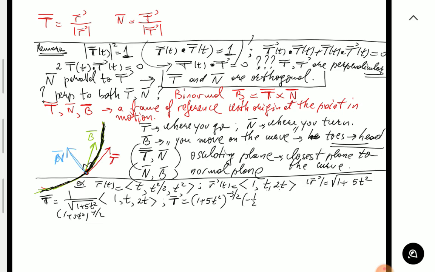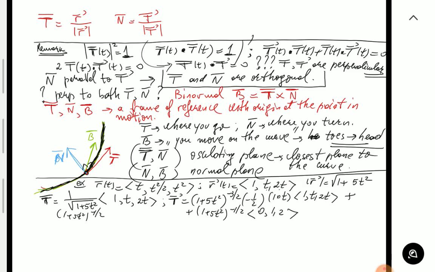So minus 1/2, 1 plus 5t squared to the minus 1/2 minus 1, which is minus 3/2. The chain rule now followed by 10t, and then the vector 1, t, and 2t. Plus, now we continue the product rule, 1 plus 5t squared to the minus 1/2, scalar multiple with the derivative of that vector, which is 0, 1, and 2.